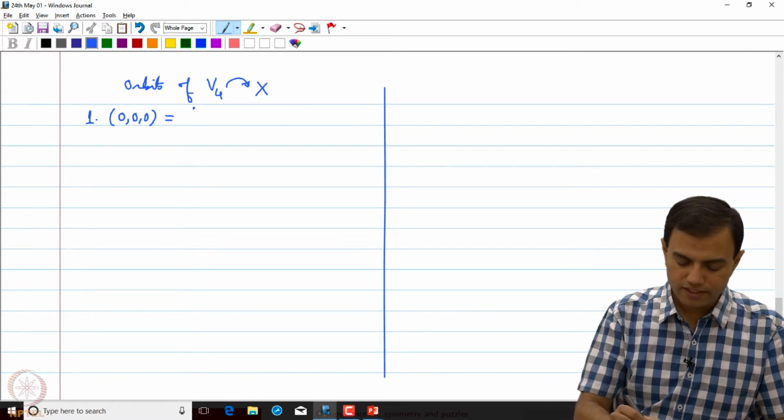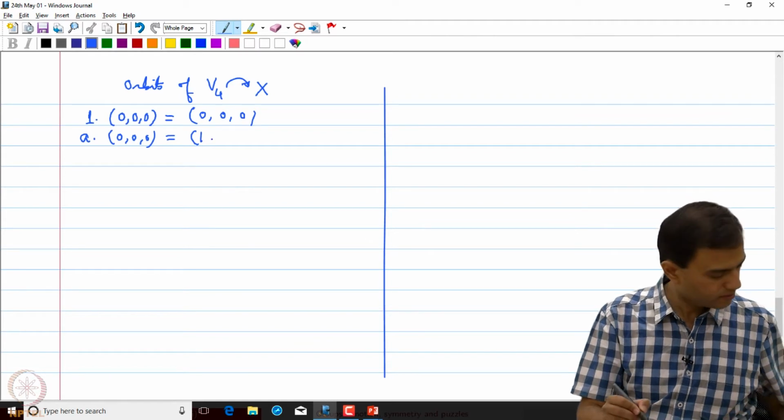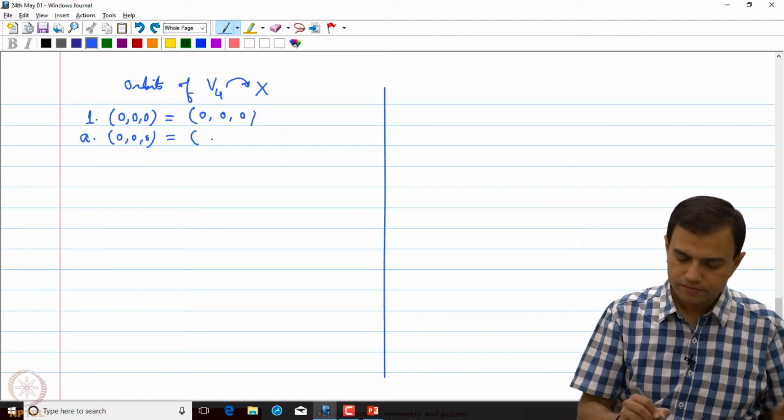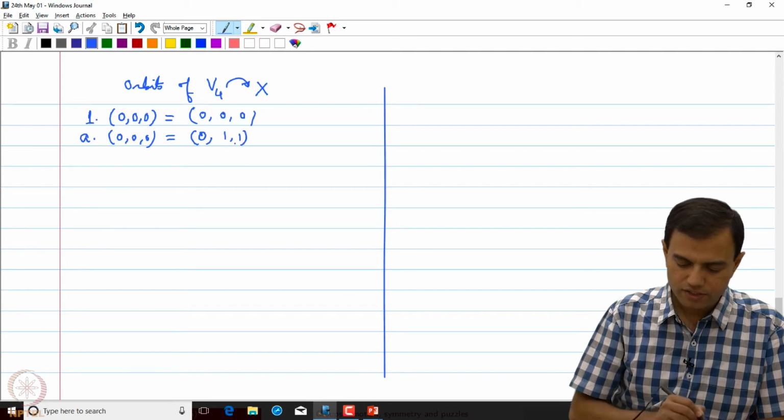So when all three glasses are inverted, action of 1 is again all three glasses are inverted. Action of A on 0 0 0 is, first position becomes 1, sorry. So action of A is, first position remains unchanged and the other two are changed.